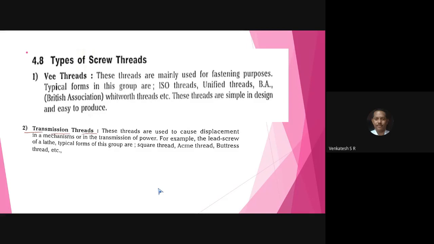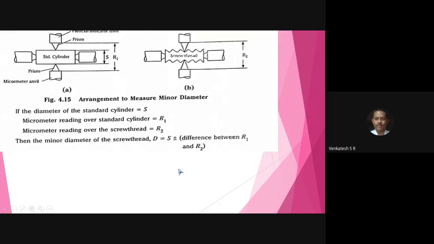So in that screw jack, you have a screw, and that thread is in the form of square shape. So square shape threads are very much important where the load or the force is very, very high.